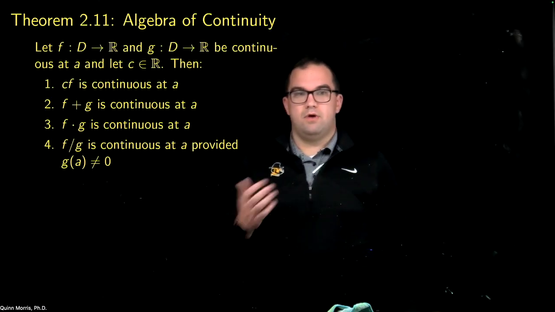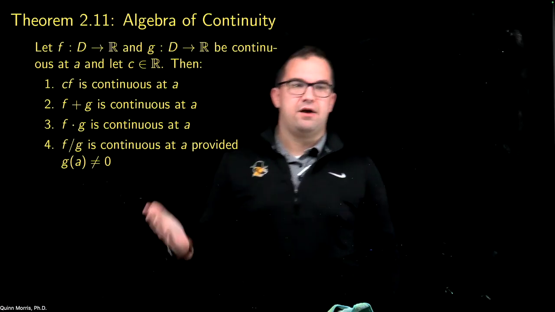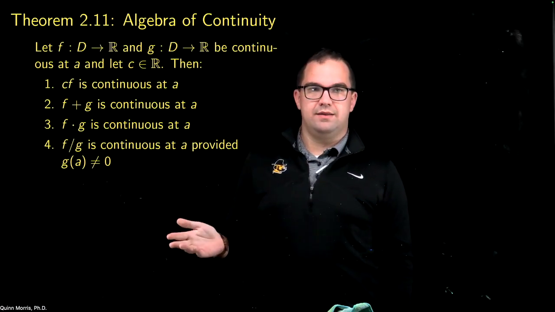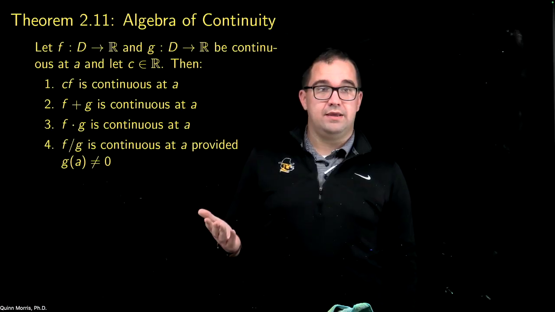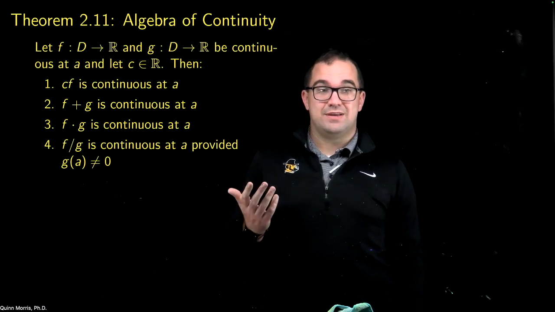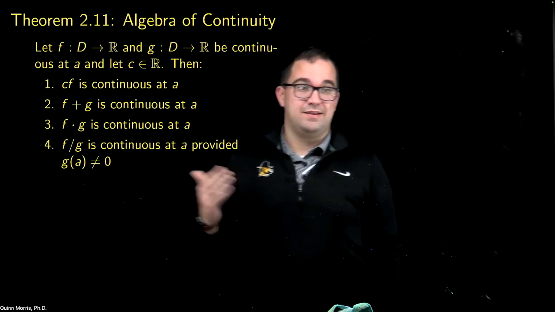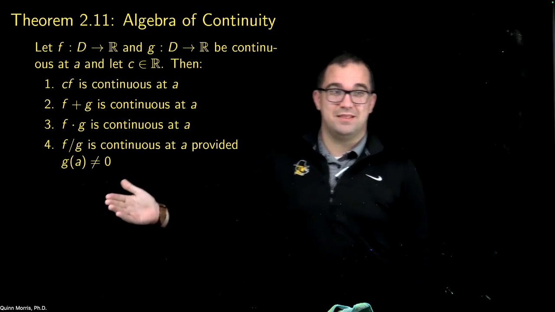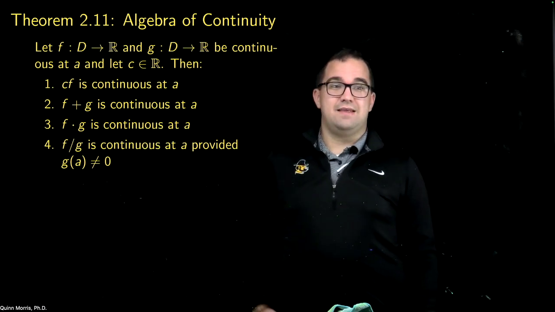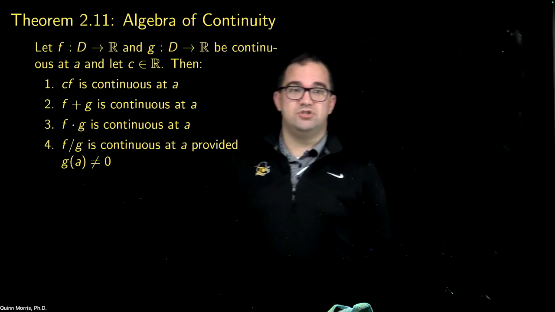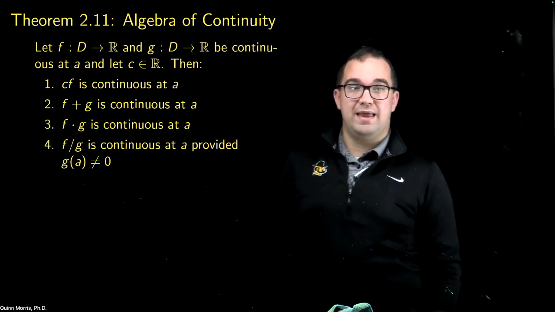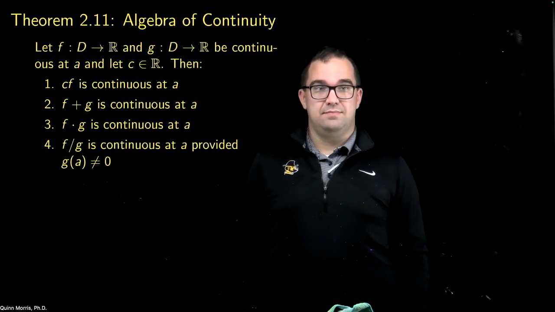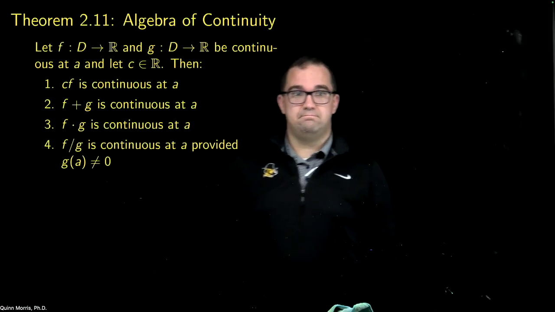All right. Now, falling immediately out of this definition, you get an algebra of continuity theorem. This is because continuity is defined in terms of the limit, and we have all these properties for the limit, so it really all just falls out of that definition. So let f and g be functions from a common domain into R, and let them be continuous at a.